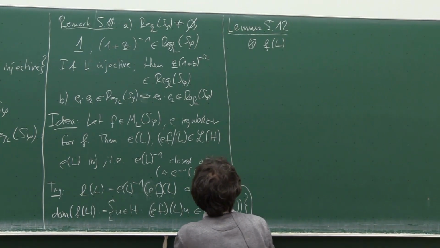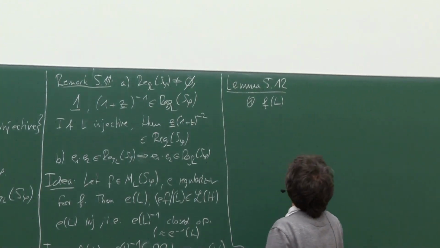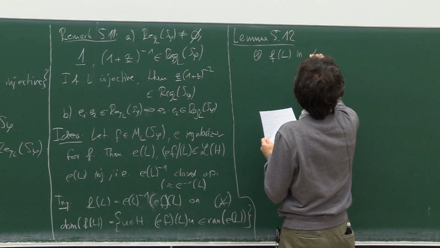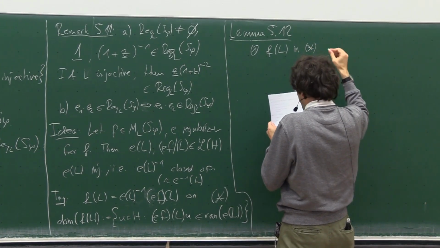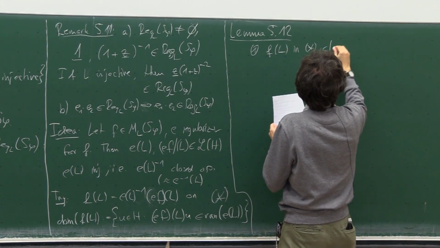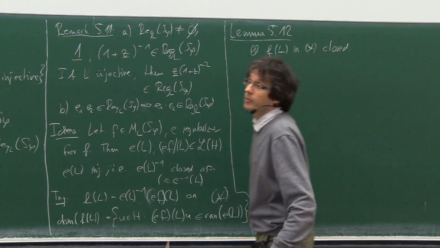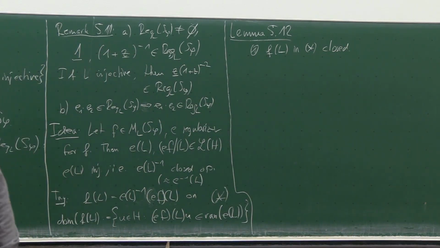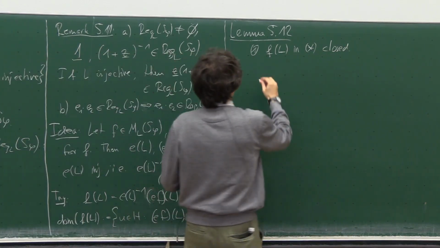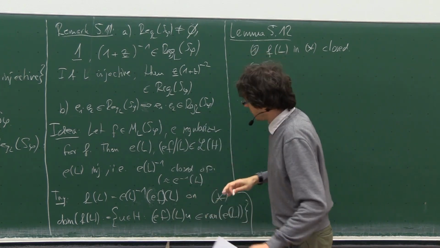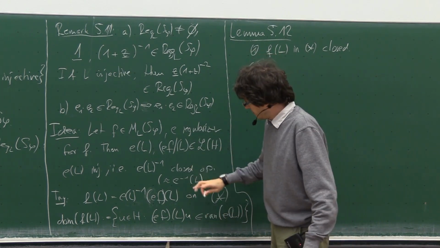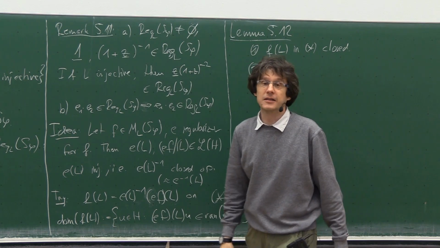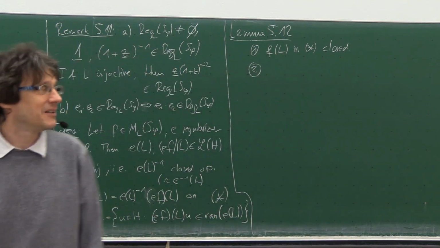I will call this star. This gives a closed linear operator in H. So somehow this means we've picked the right domain, so the idea of the domain was not too bad.